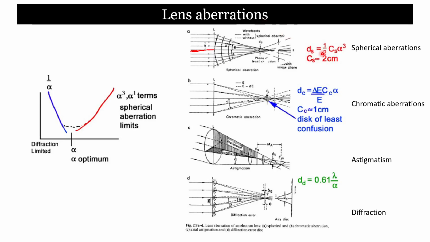As alpha increases, the spherical aberration increases, because rays from farther away regions are coming in. So to reduce the spherical aberration, we try to reduce the convergence angle, that is alpha.